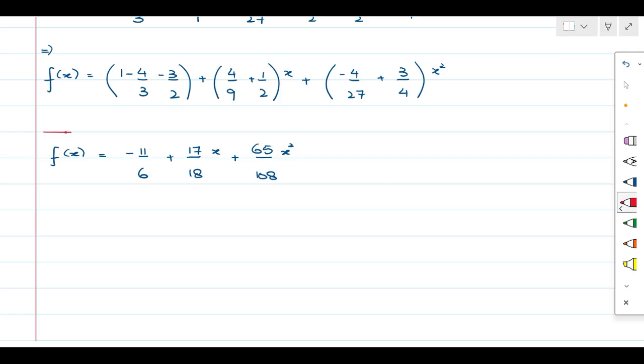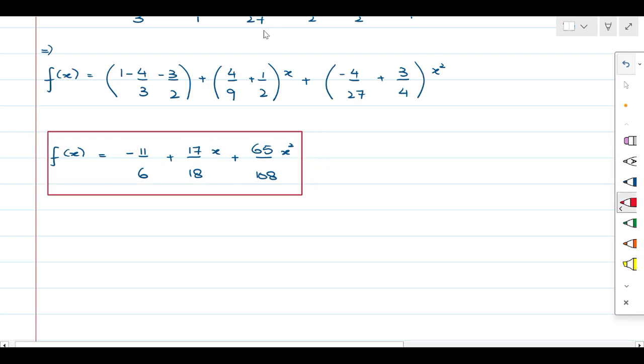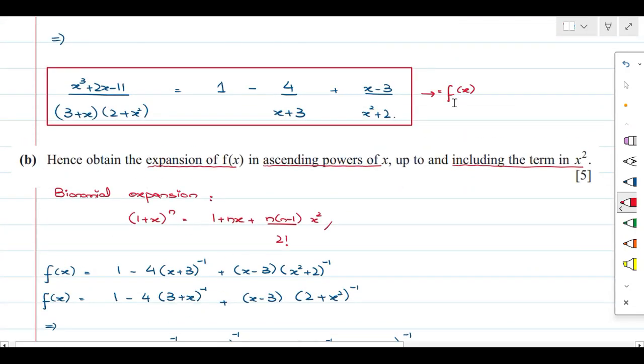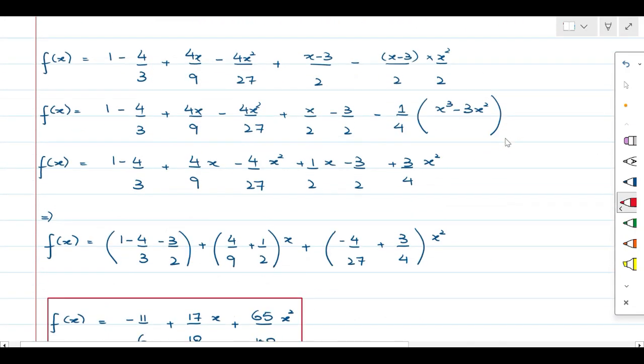So this is how we do the expansion of the function f of x up to and including the term x square, in ascending powers of x. So this is how we do the expansion.